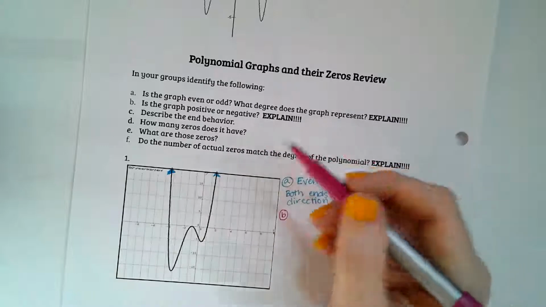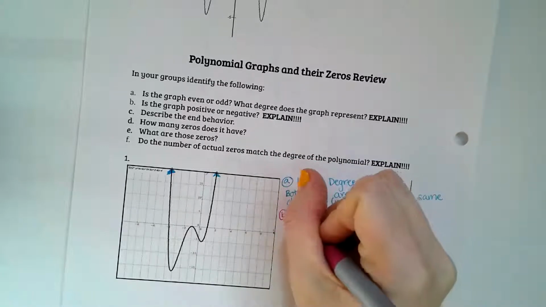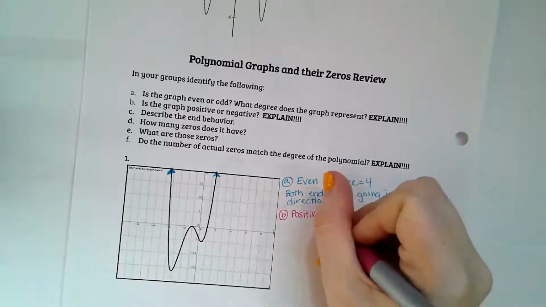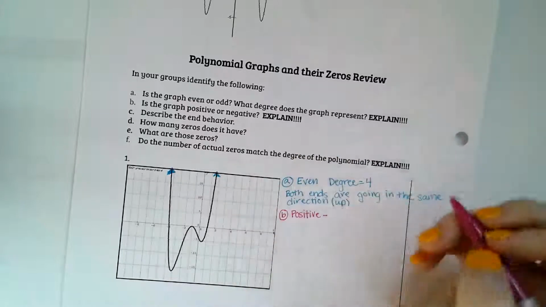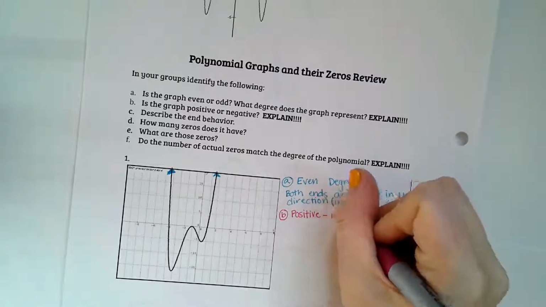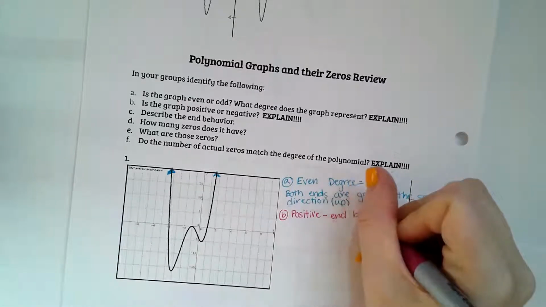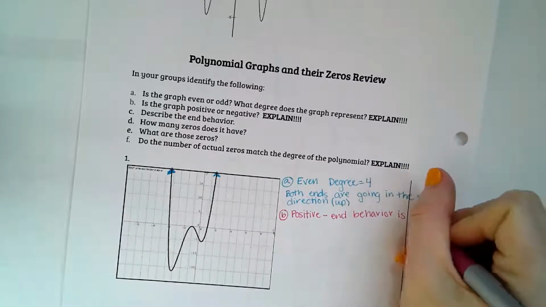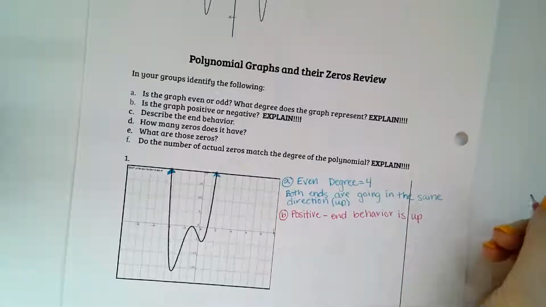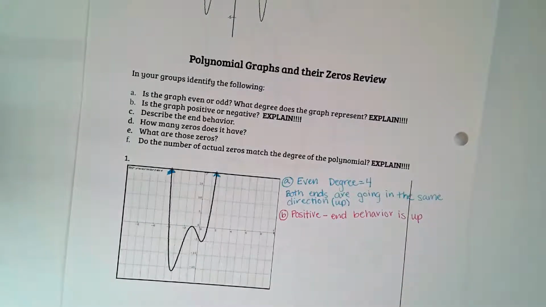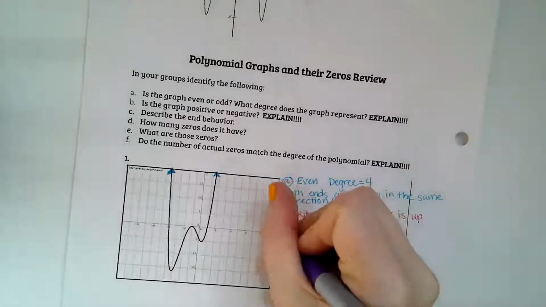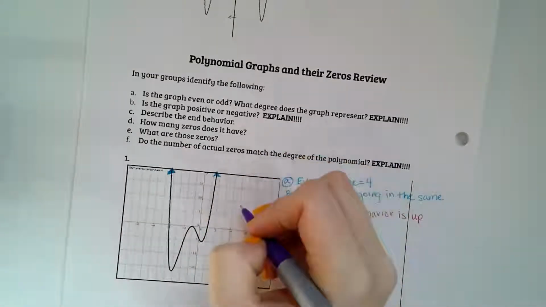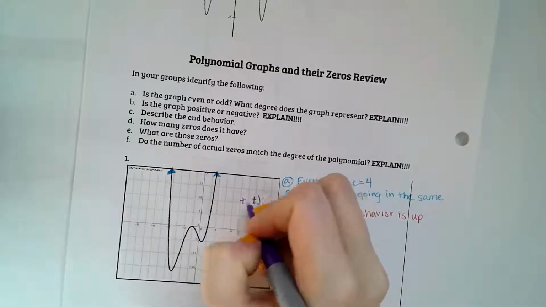So is this positive or negative? So this one is positive, and that's because our end behavior, or ends, is facing up. So now we need to describe that end behavior. So remember, this quadrant here is the positive quadrant.